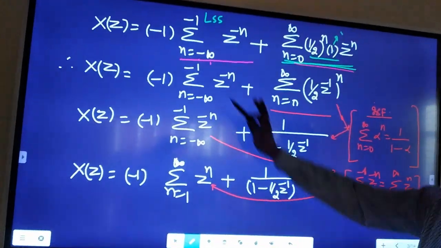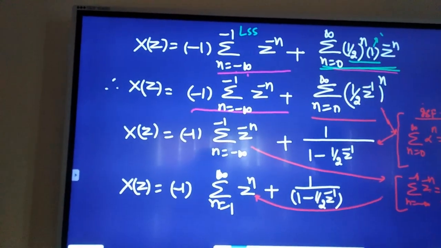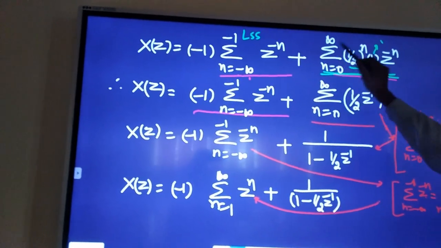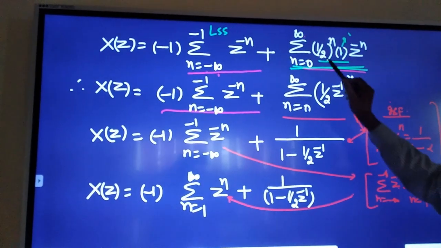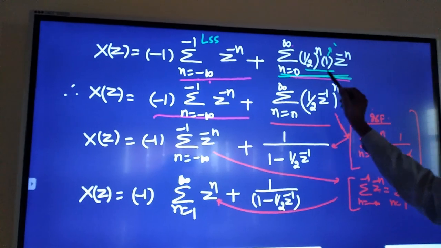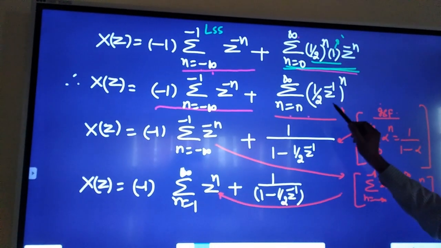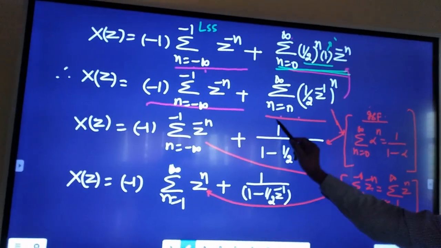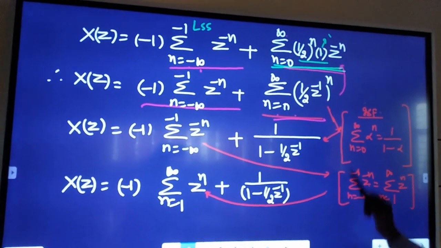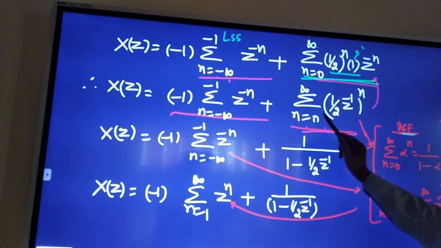Now, I know this formula. Let me leave the first one. X of z is equal to, right now I don't want to discuss this. Now I know the formula for this. This is the infinite sum formula. It starts from summation 0 to infinity. I will write this as n equal to 0 to infinity, (1 by 2 into z to the power minus 1) all to the power n, same as this. Now I use the infinite sum formula for this, which I used last class. What does the infinite sum formula say?